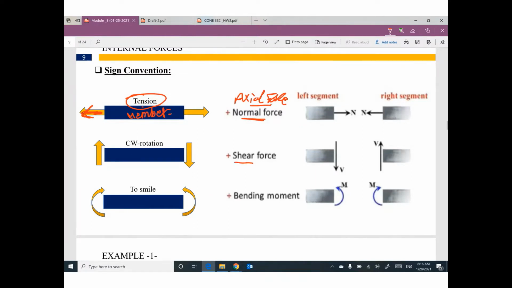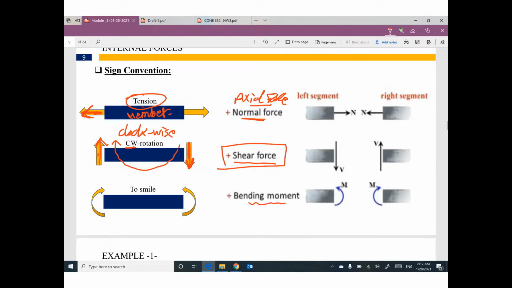For shear force, we need to assume the internal forces to make clockwise rotation. CW means clockwise rotation. This force with this force would like to rotate this member like this, clockwise rotation. This is the positive direction for internal forces as shear.